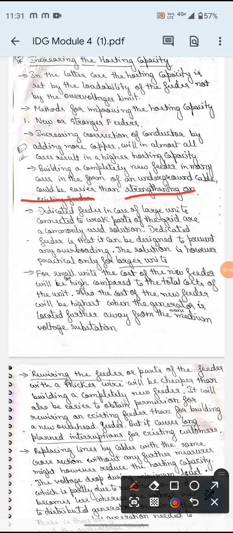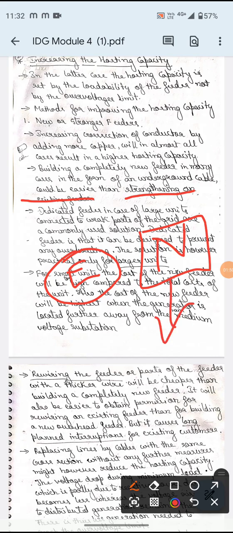But what happens if we replace the existing one? This is the existing one and this is a new one, okay. So when you compare the new one, it takes time and it is costly.